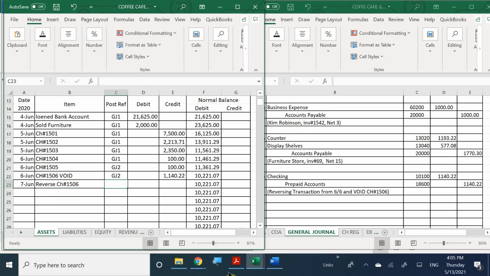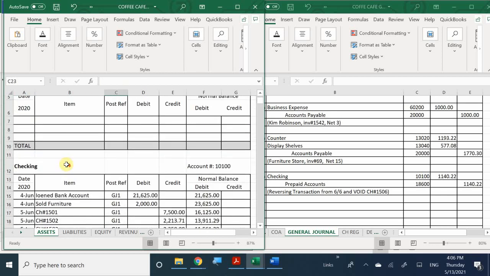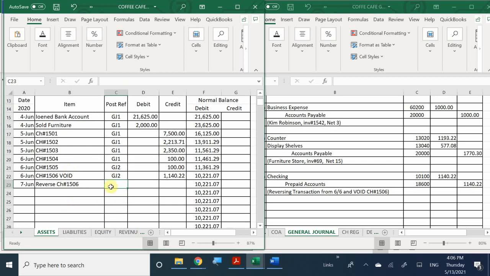Which one is that under? This is under checking. Yes. We're reversing the check number, so we should be increasing our checking account by the $11,400.22. So by entering it as a debit, because we are putting the money back in there, it's now increased my account back to the $11,361.